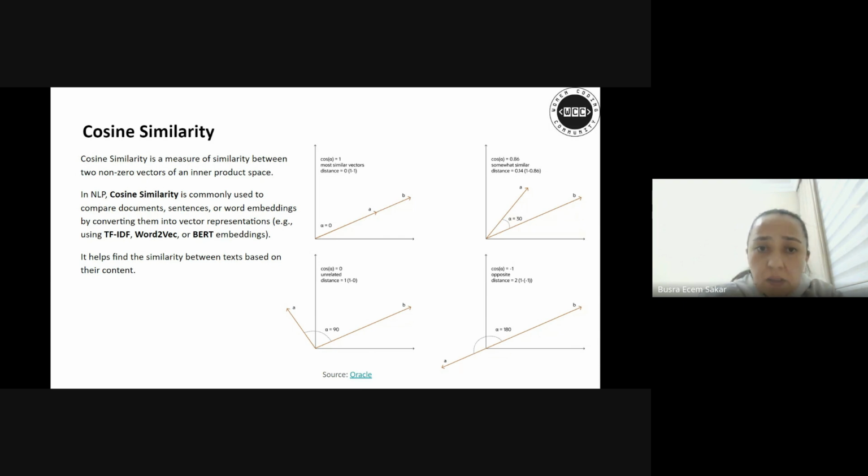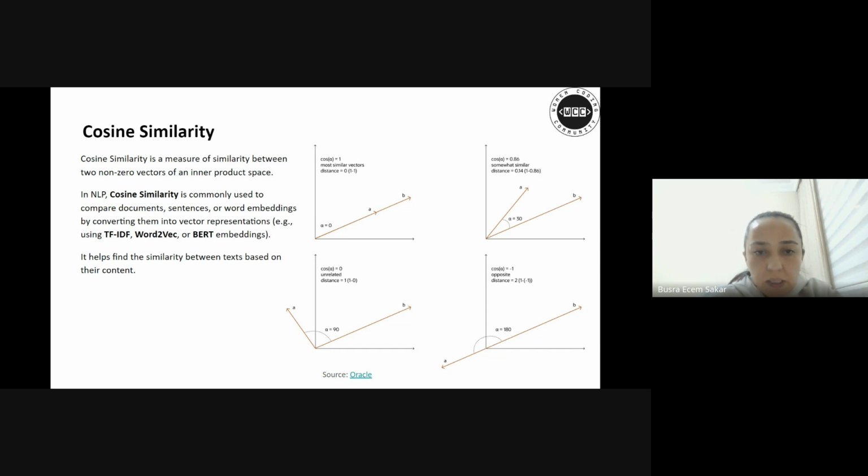In the bottom left, the angle equals 90 degrees. The cosine similarity is 0, indicating the vectors are unrelated. In the bottom right, when the angle equals 118 degrees, the cosine similarity is -1, showing the vectors are opposite, with a distance of 2.